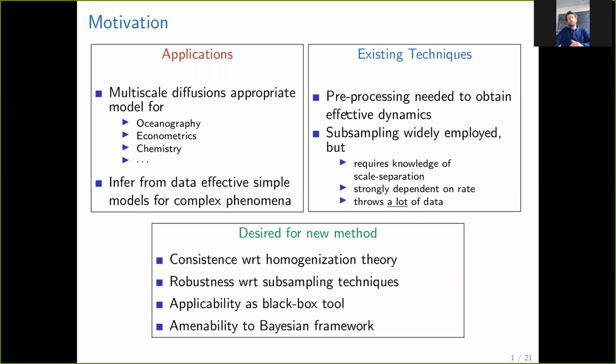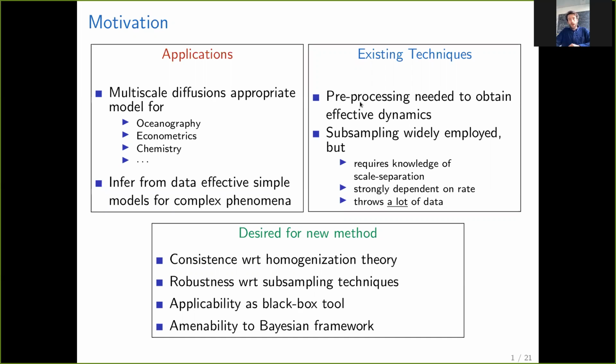So this pre-processing is oftentimes done through subsampling the data. So you have data that comes at a very high frequency, which is comparable to the fast scale of the process. And you need to subsample the data, so take just a subset of the data, and do your inference procedure over this reduced set of data.